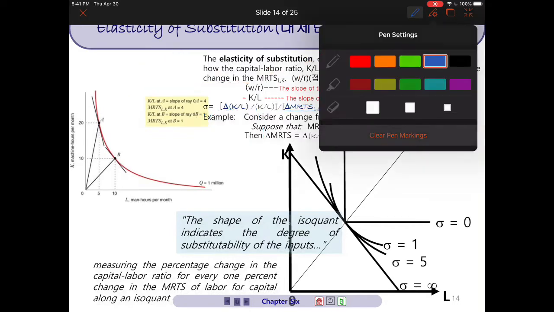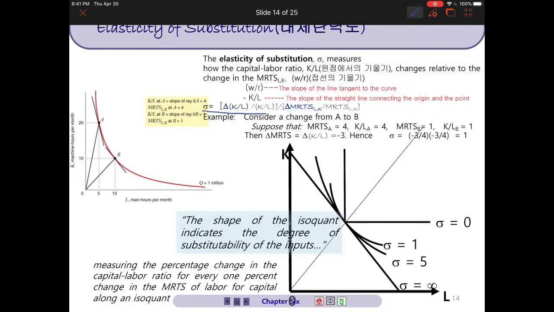So let me clear it out. This one once again: for the fraction, we can say this is the percentage change in MRTS. By the way, let me go over this. We have two points on one isoquant, at 1 million units. We can derive two different tangencies, and each tangency corresponds to an MRTS.